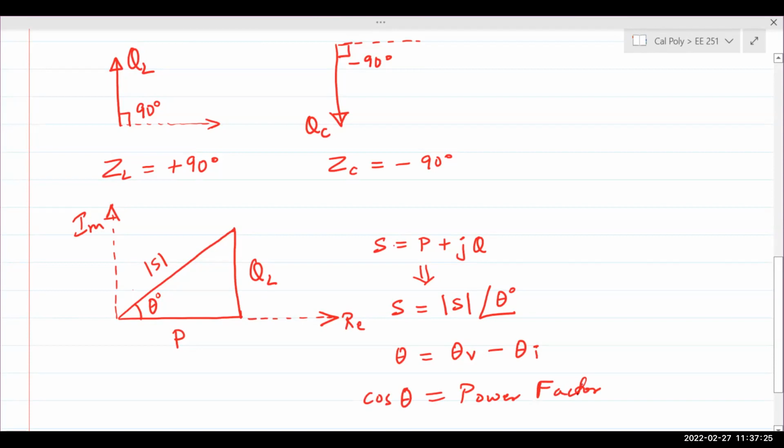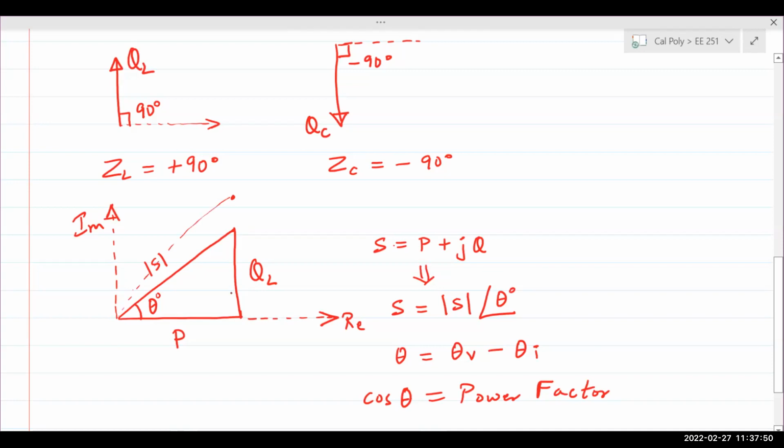The larger the angle, the larger is the requirement for Q_L. Or you could say the other way around: the more the requirement for reactive power, the larger is the angle, right? If the Q requirement is here, then the angle is larger.